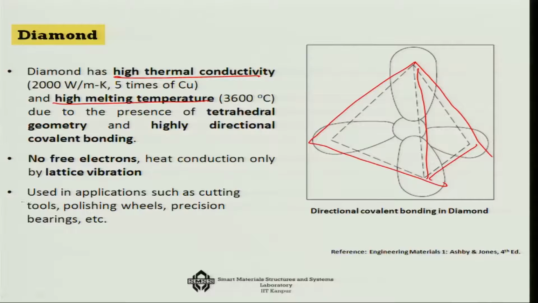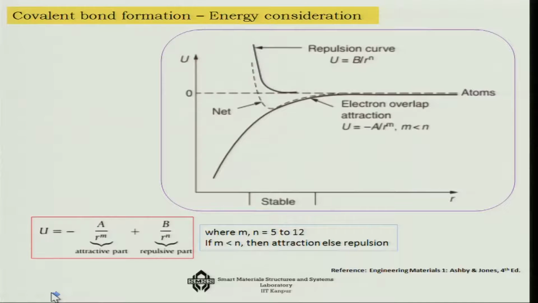That is why diamond is used in applications such as cutting tools, polishing wheels, precision bearings, etc. For quite some time there was almost no material to challenge this, until we obtained carbon nanotubes, which have comparable or even better properties.